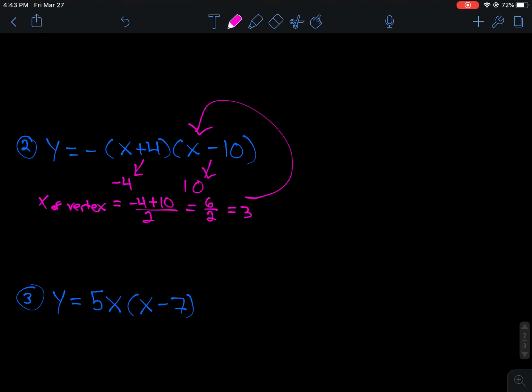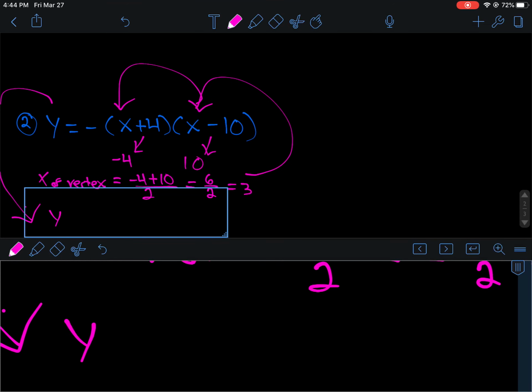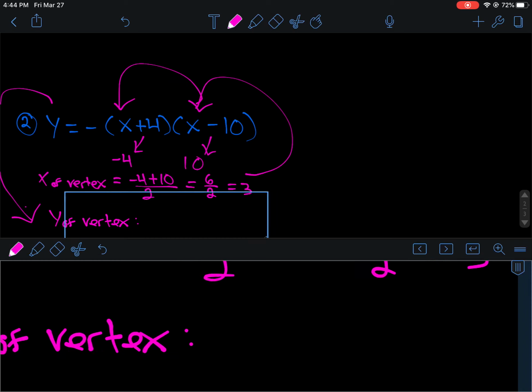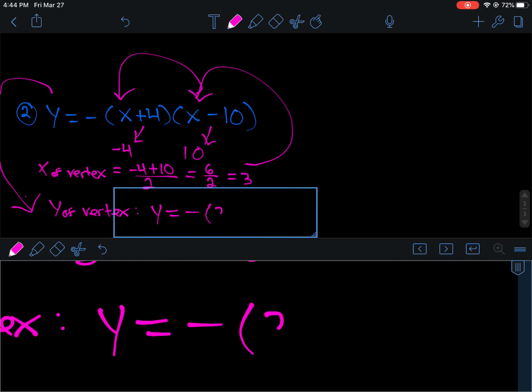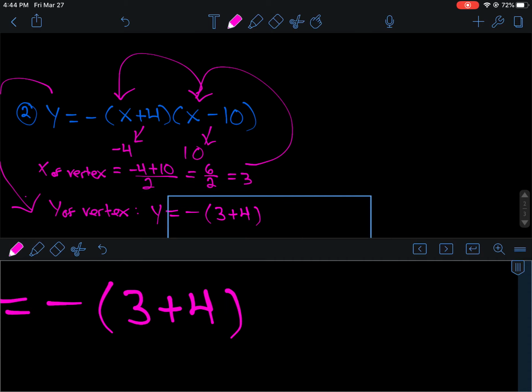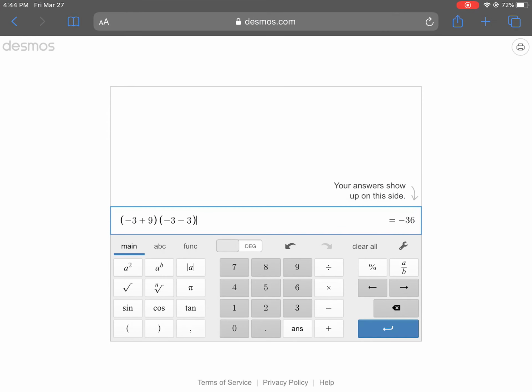And then you plug this into your x's to figure out the y of the vertex. So the y of the vertex here. Don't forget the negative that's in front, so be careful. It'll be negative, parenthesis, 3 plus 4, close it, parenthesis, 3 minus 10, and then close it. Come over here now. So I'm going to clear out what I have.